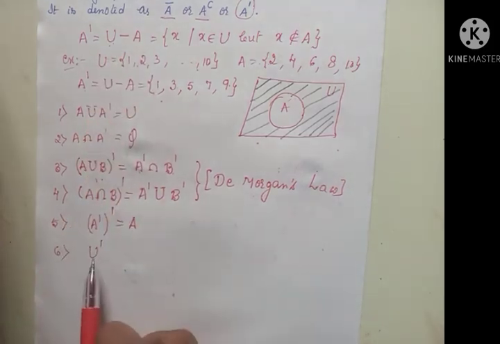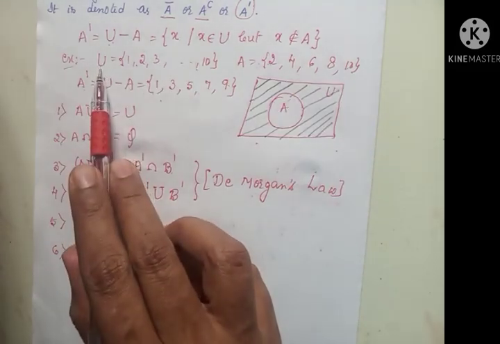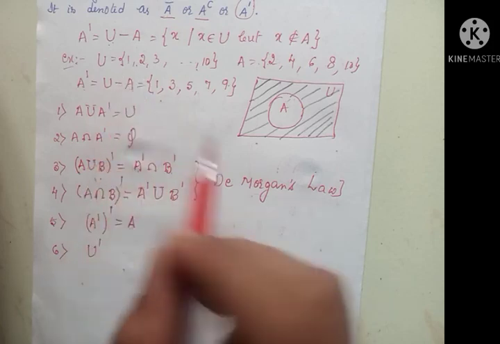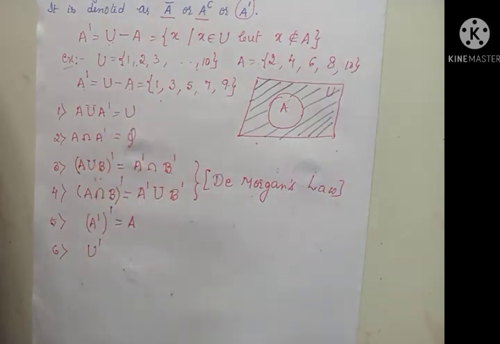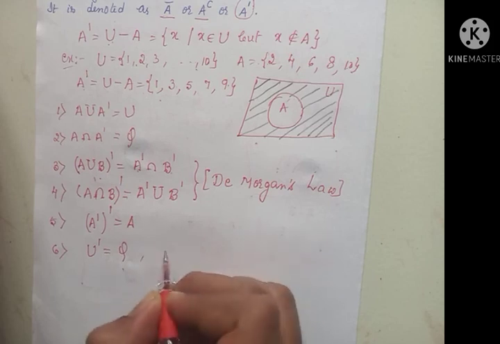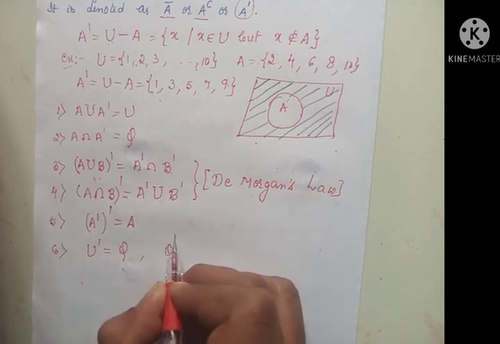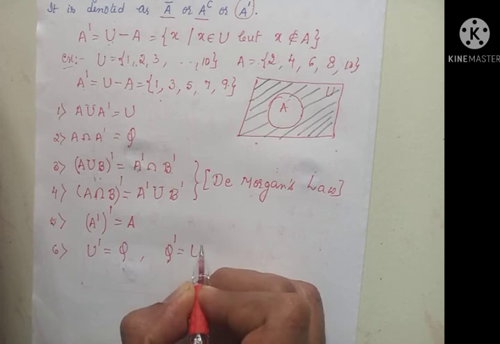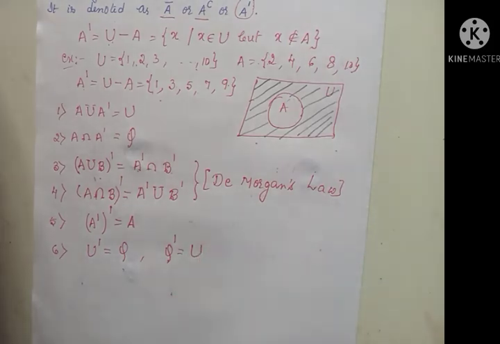So if you want to calculate the complement of the universal set, take the difference between U and U. U minus U is empty. There are no elements because all the elements are common. So this is nothing but the empty set. With this, the complement of the empty set is nothing but the universal set. So these are some properties of the complement of a set. With the example, we can easily verify all these properties.